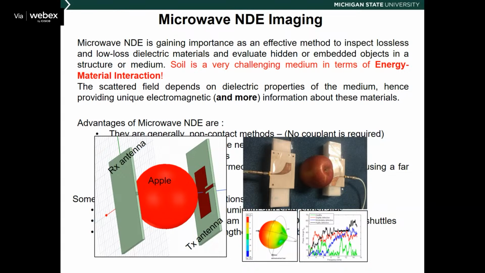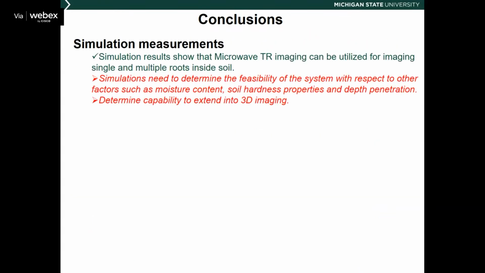I just want to show this interesting project we published in ASABE, where we use a microwave antenna to illuminate fruit, here an apple, and measure the reflection or the transmission coefficients, then tell if there are any bruises or internal damage in the fruit by looking at the microwave signals. This is an interesting project I just want to point out.